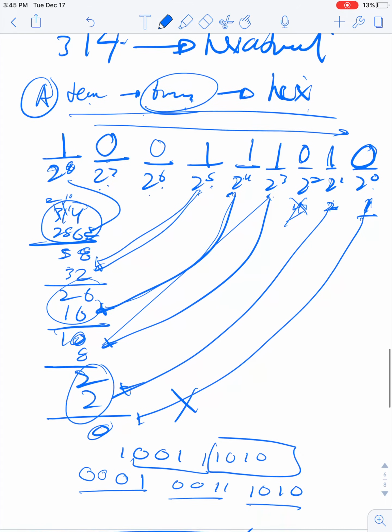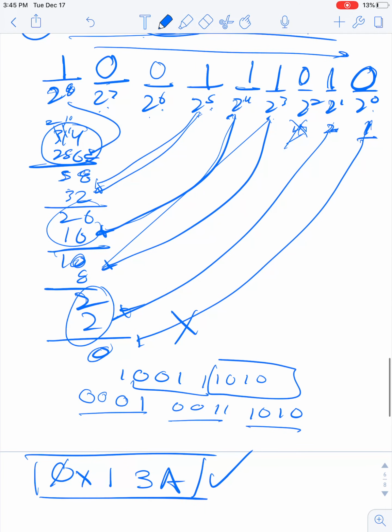Okay, and now I have my binary, which is 1, 0, 1, 0, 0, 0, 1, 1, and 1. And see what I did here? I had to put 3 extra zeros in front of this one to make it a standard 4-digit block. And that will help me when I look at the chart again for the hexadecimal.